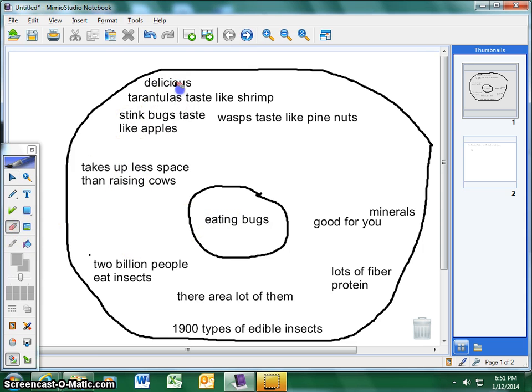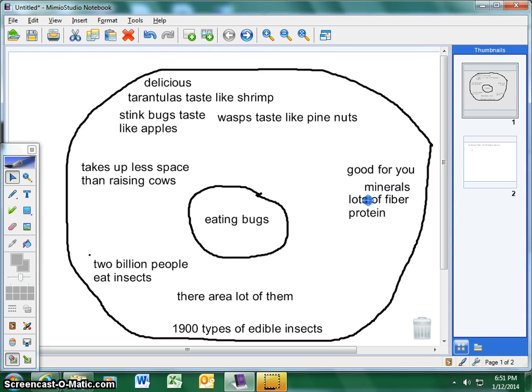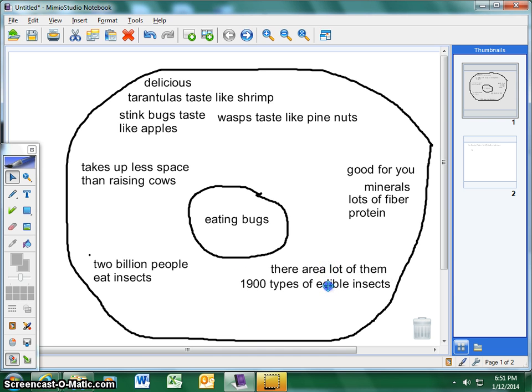No. Okay, let's see, we've got minerals, like that's about them being good for you. So good for you: minerals, lots of protein and fiber. There are lots of them. These go together.